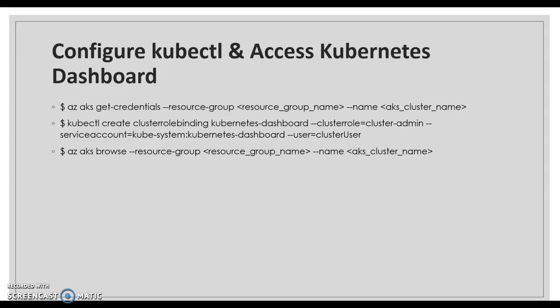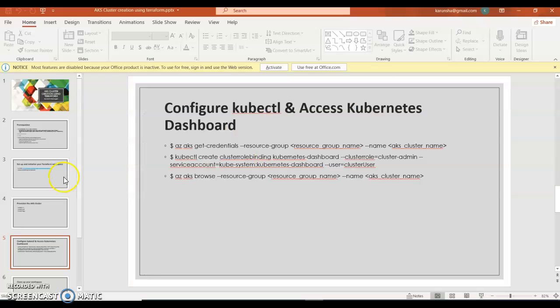The service account which you have created is going to be used here internally, using the kube-system namespace and the Kubernetes dashboard. That's the service account we're going to use for this cluster role, and the username is going to be cluster user. So let's quickly jump into the demo.